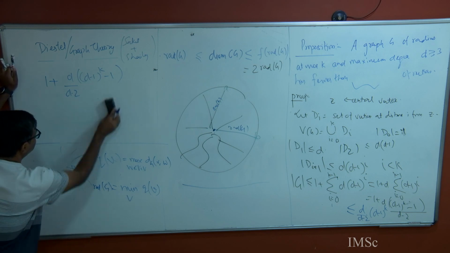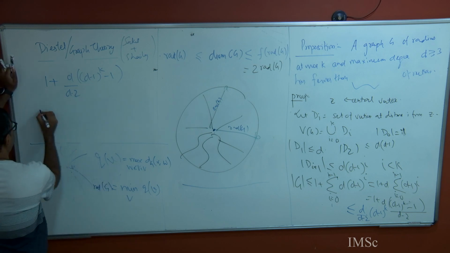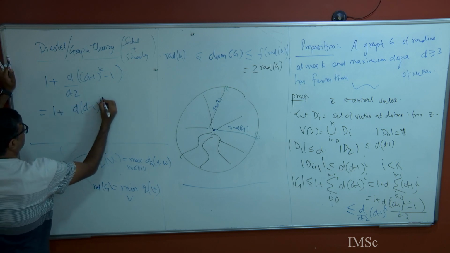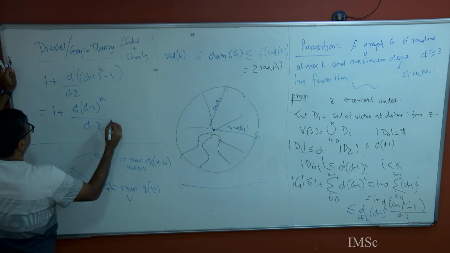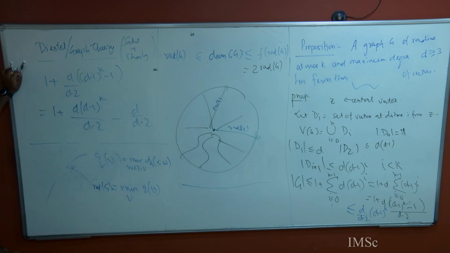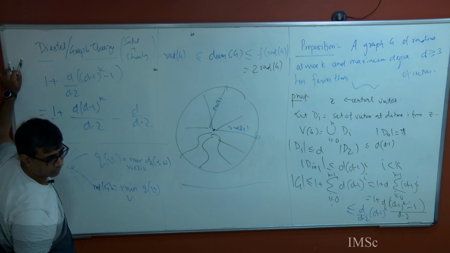Okay. This is exactly what we want, right? This is why I assume that d is greater than or equal to 3, since we divide by d minus 2. Otherwise, this math won't hold.